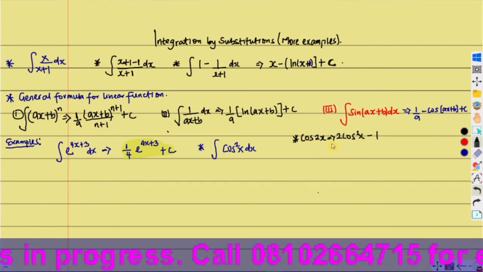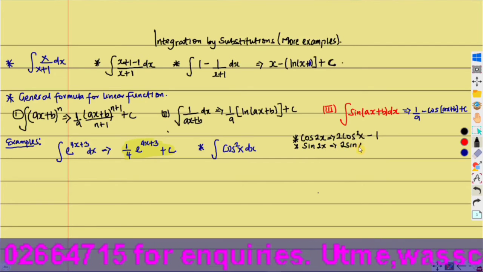Sin 2x is 2 sin x cos x. But I don't need that yet. I can help you write it out. Sin 2x, because all these are bases of trigonometry. These are 2 sin x cos x. We are going to be needing all these stuff in our physics.